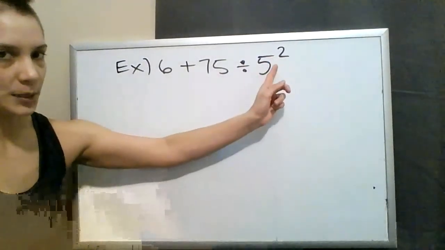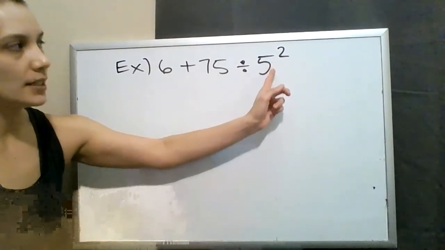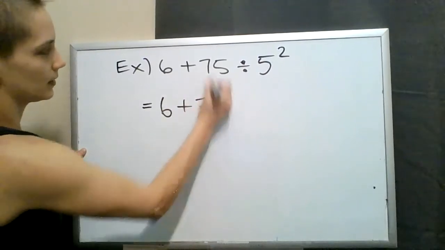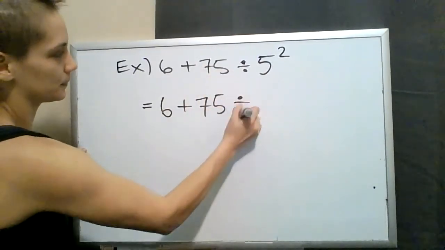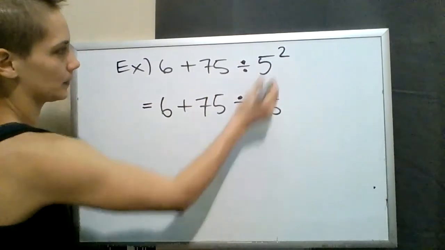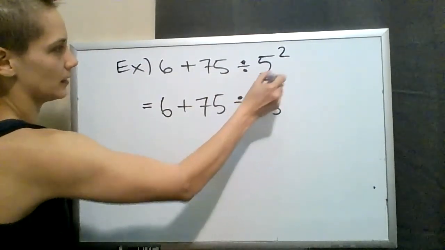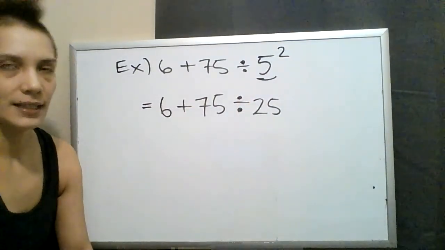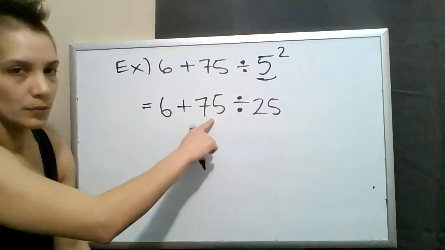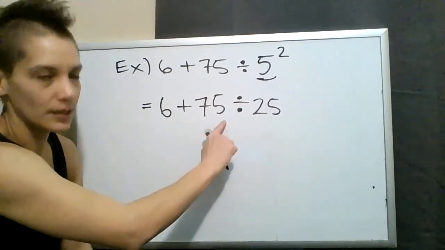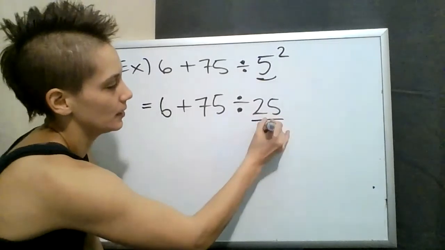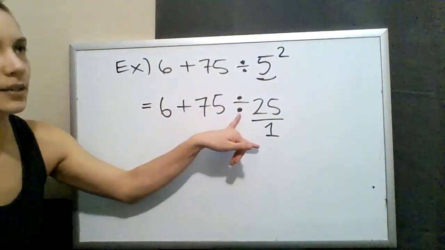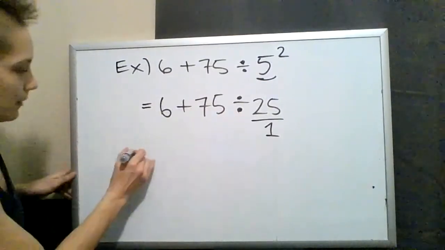Exponents, we need to take care of that exponent. So first thing to do is 5 times 5 is 25. Okay, let's multiply or divide. So here I will put a little 1 in the denominator. Then I can multiply 75 by the reciprocal of that fraction.